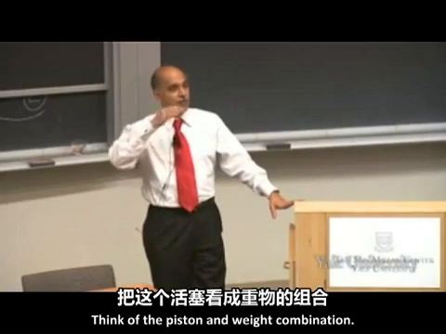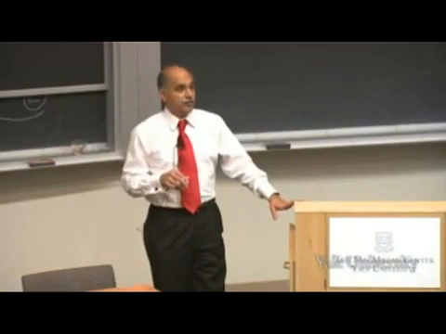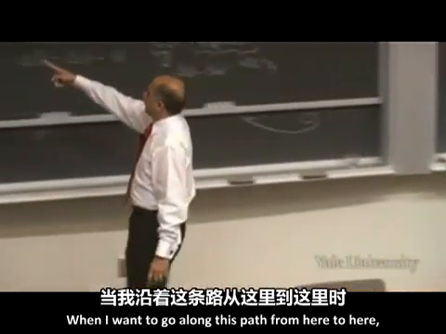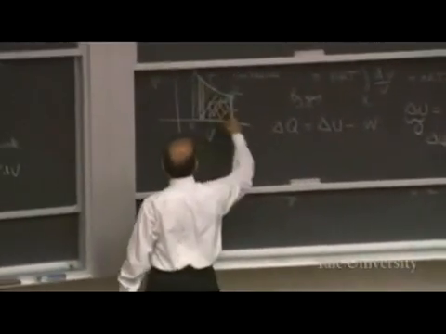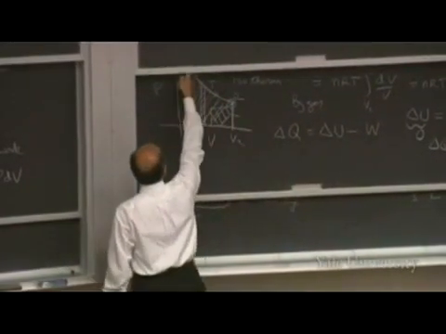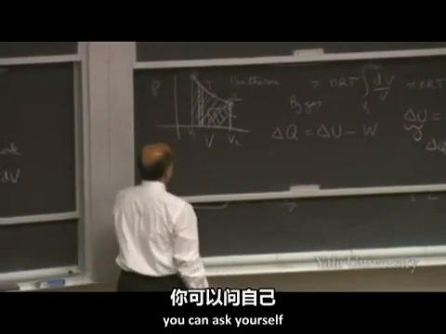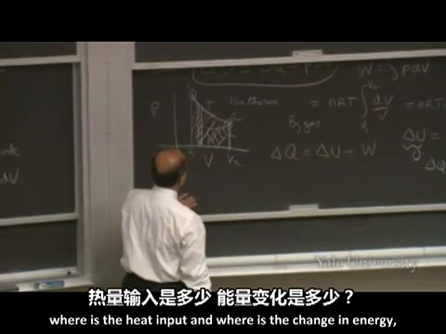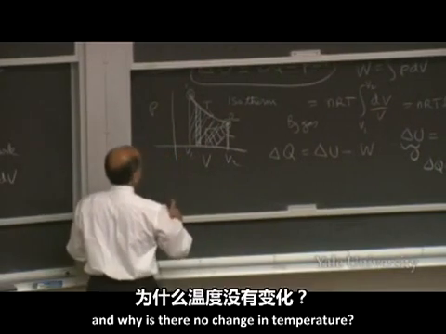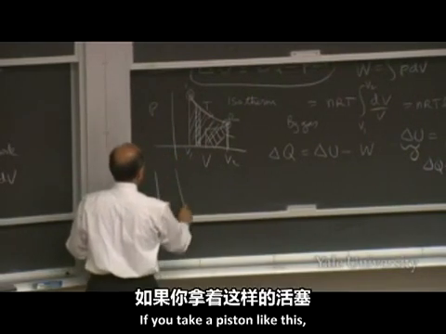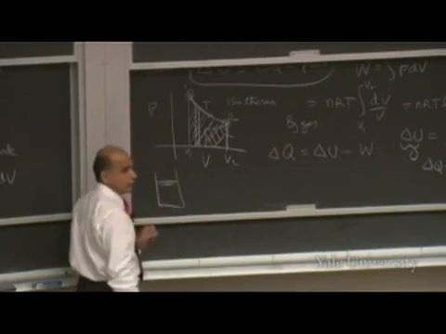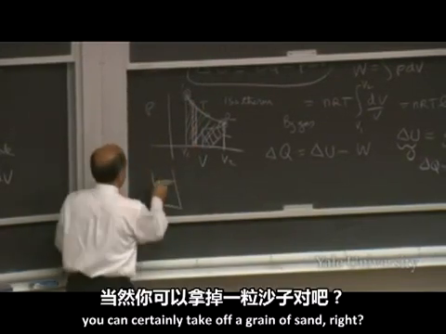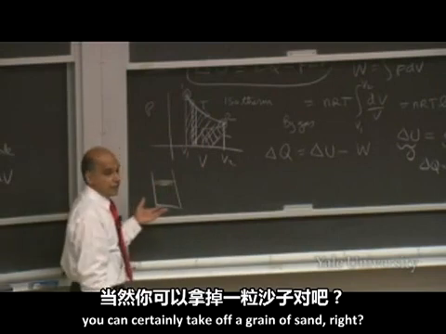Think of the piston and weight combination. When I want to go along this path from here to here, you can ask yourself, where is the heat input and where is the change in energy, or why is there no change in temperature? If you take a piston like this, if you want to increase the volume, you can certainly take off a grain of sand, right?